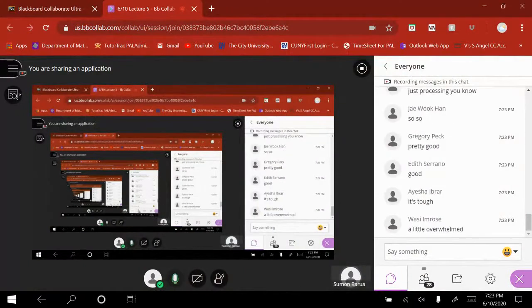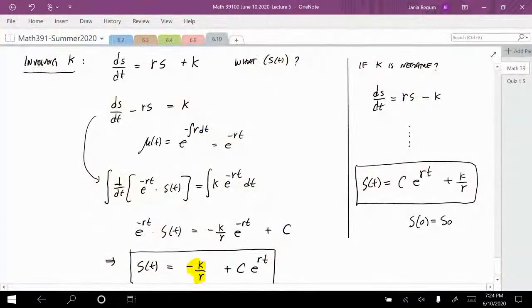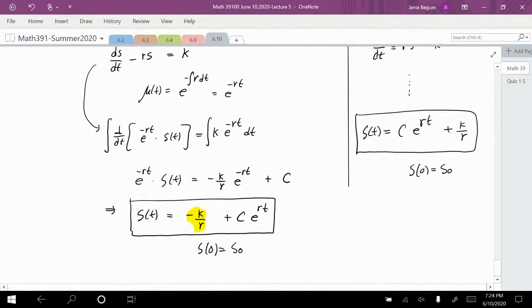All right. So Greg, you're pretty good at it. Good. Tough. All right. So Wasi, don't feel overwhelmed. It's okay. Just take your time. Okay. Take your time. And now let's do a problem. Hopefully things will fall in together as we see how to approach these formulas when we see an actual scenario.